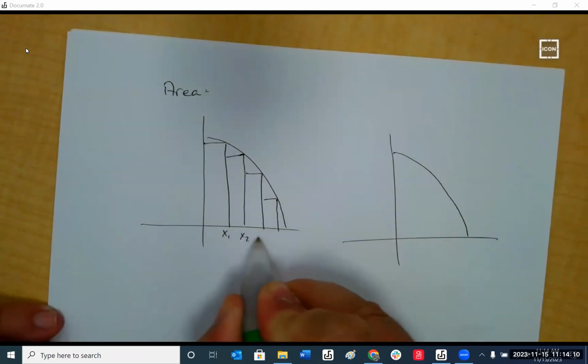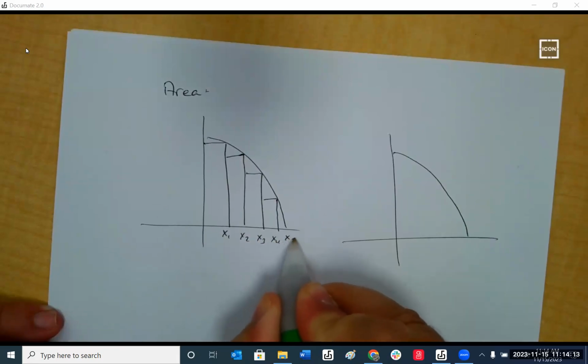Now here's x1, x2, x3, x4, and that's x5.